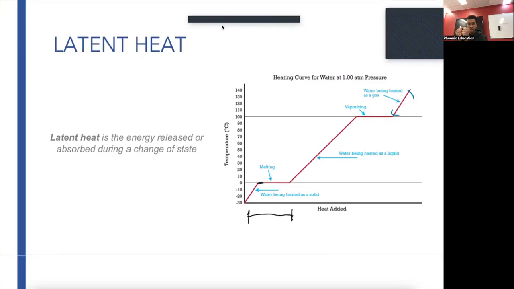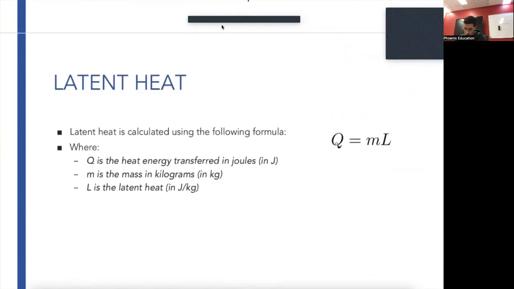So instead of the energy going towards increasing the temperature, it's going towards breaking the bonds of the material itself. That's why we don't see the temperature increasing as heat is being added when the material is being melted or vaporized, okay?